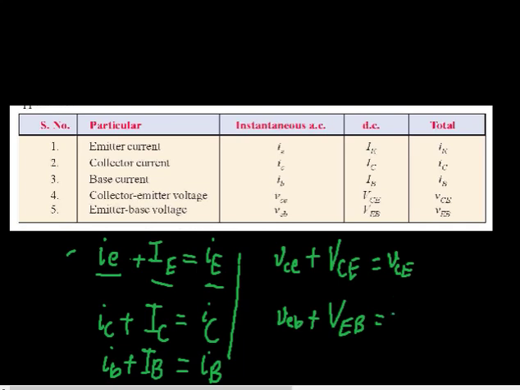Then this one, small vEB, represents the total base emitter voltage.